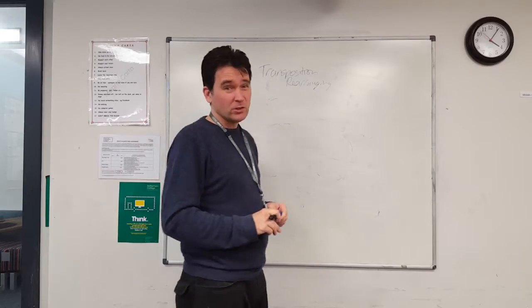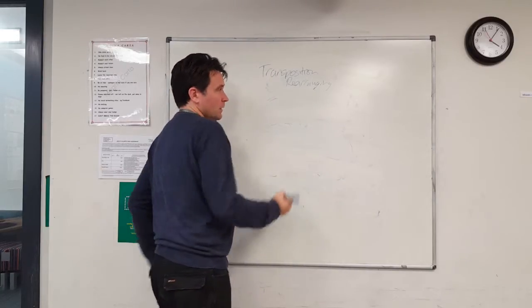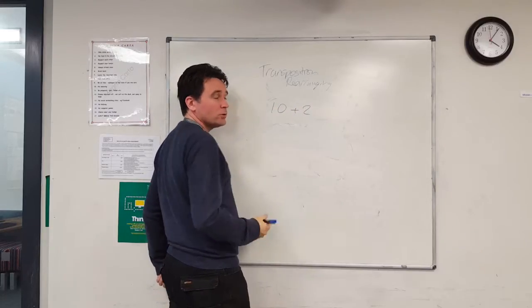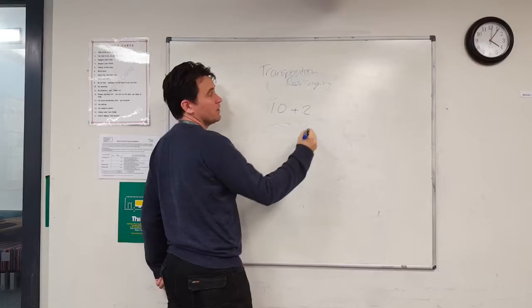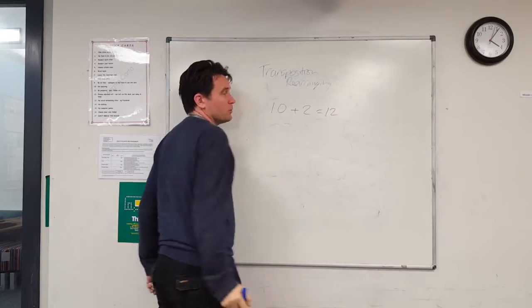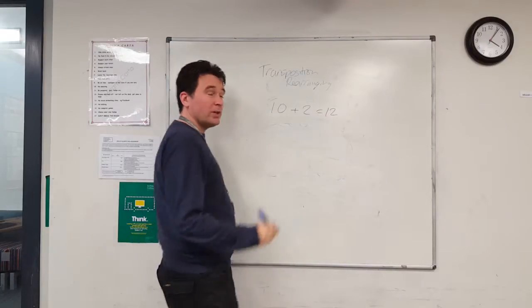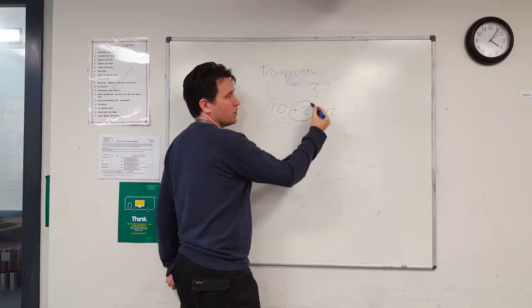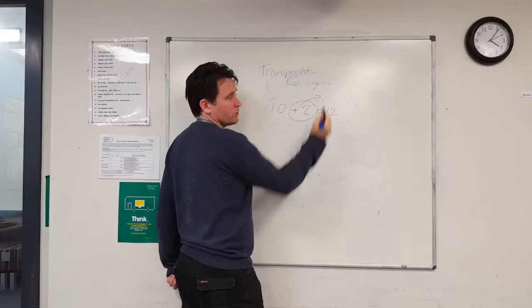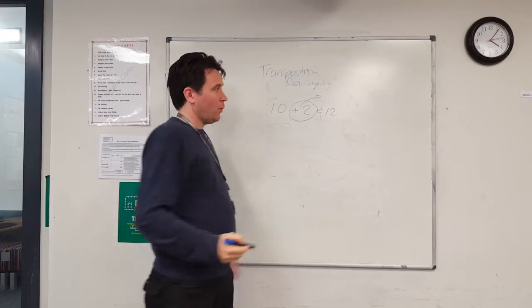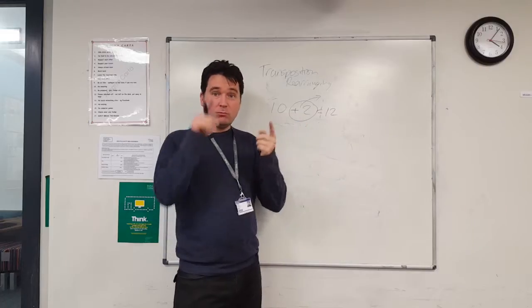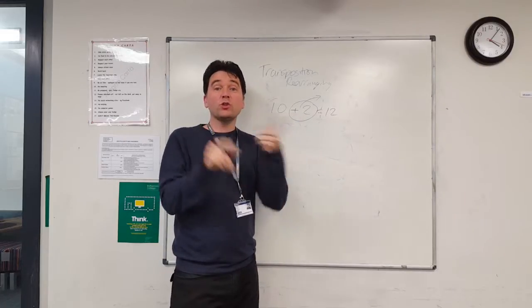Let's have a quick look, because it's not actually too difficult. Let's say you've got £10 and somebody gives you £2. That obviously gives you £12. Now when you're rearranging formulas, something magical happens when you take terms over past the equals sign. The symbol that's attached to the term reverses, so it does the opposite.